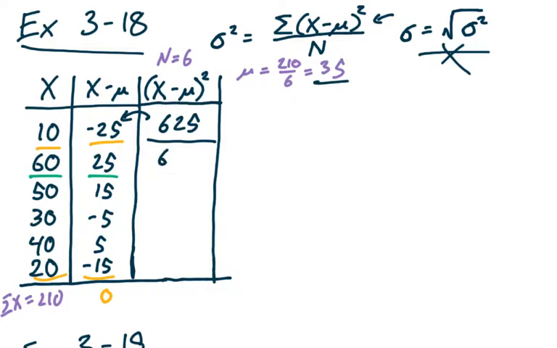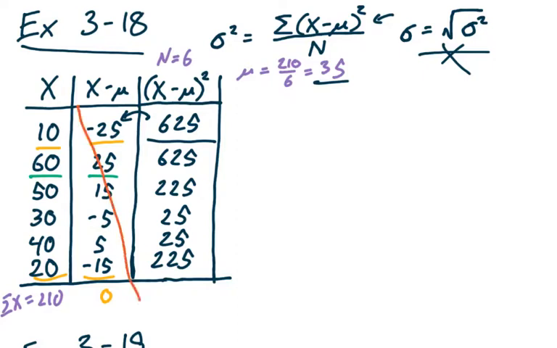So any negative number or any positive number, whenever you square any real number, it's either negative times negative or positive times positive, and we get an end result of a positive value. And so here it's important that we're summing up all of these positive values. We don't want to sum up this column here and get 0.